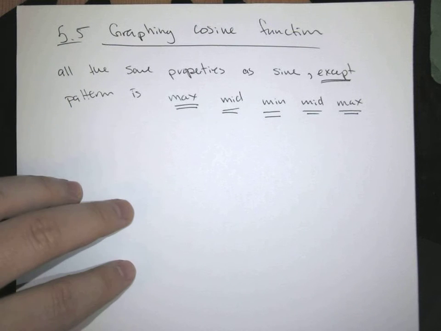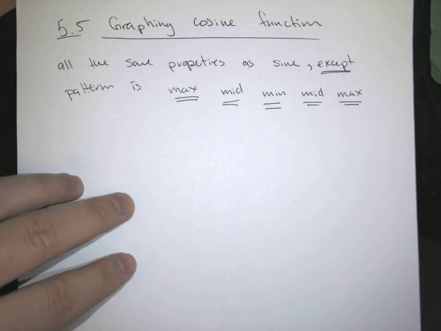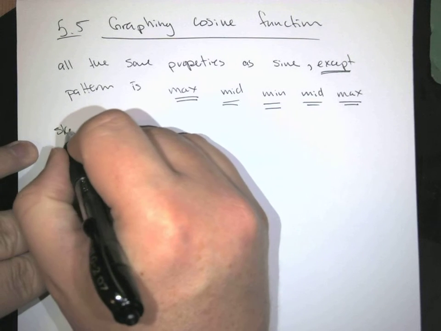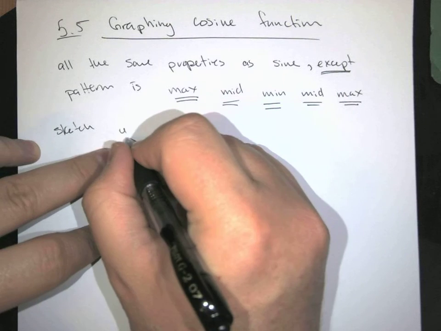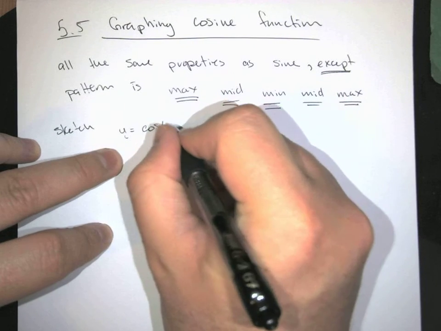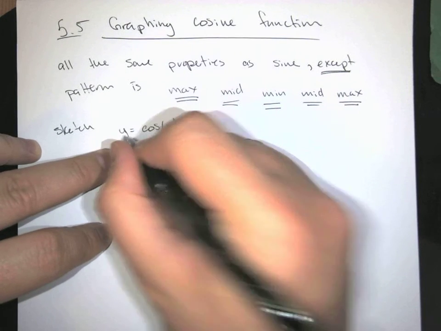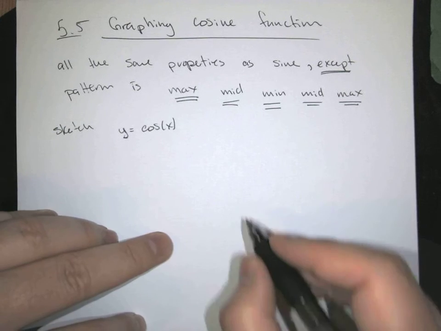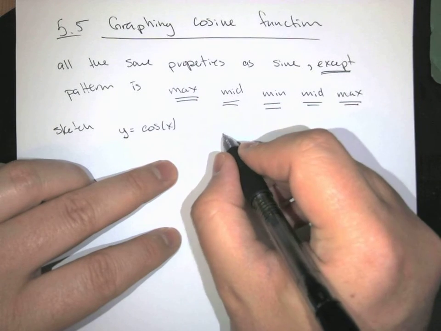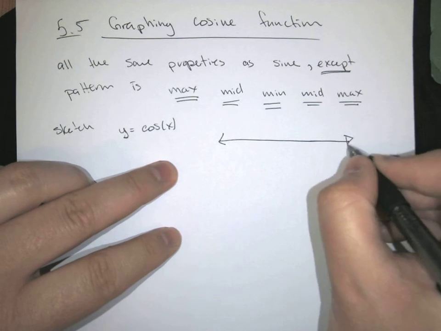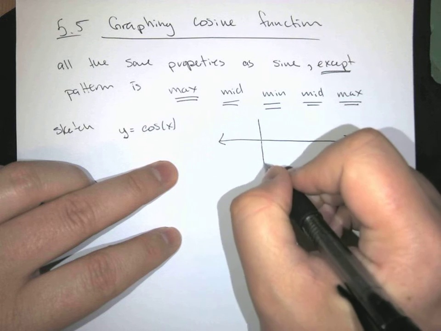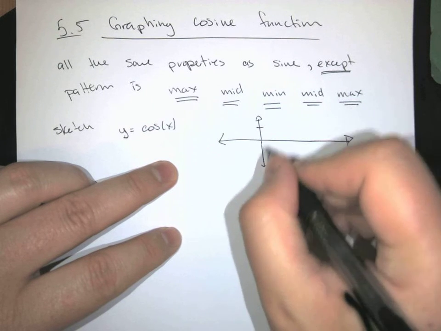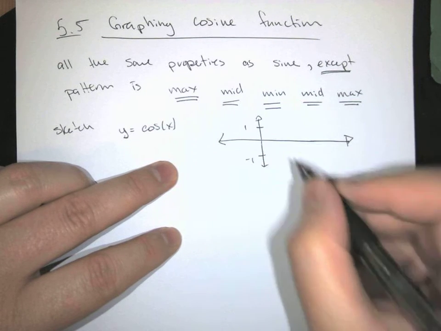So if I was to do a quick little cosine sketch, just y equals cosine of x, so no modifications, no translations, no funny business. This is just going to go from -1 to 1.